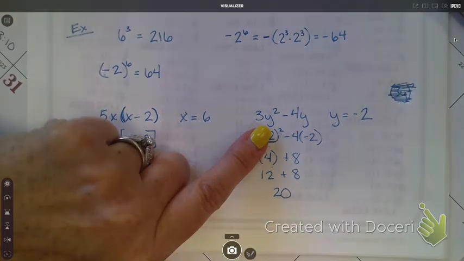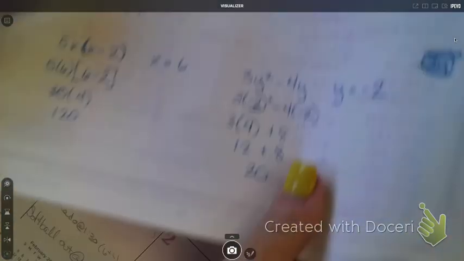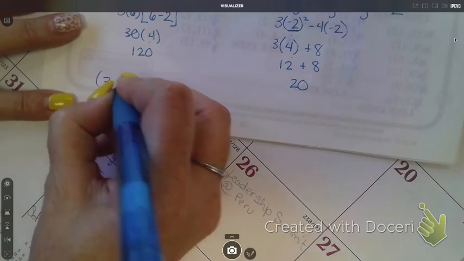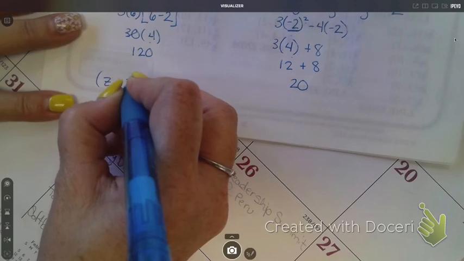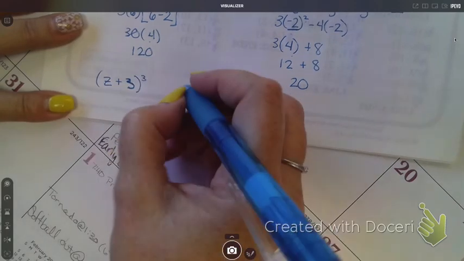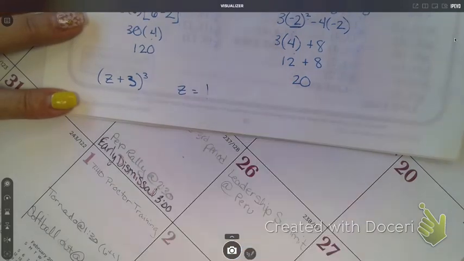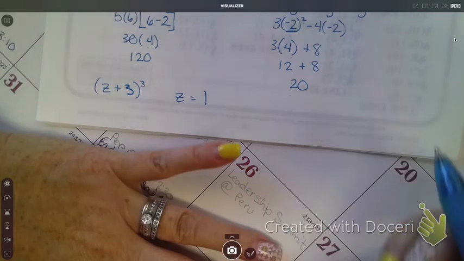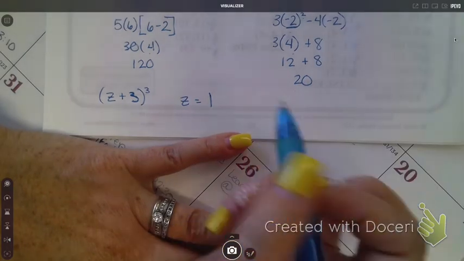I want you guys checking your work as you go. We will try one more. Z plus 3 cubed when Z equals 1. So what do you do first?